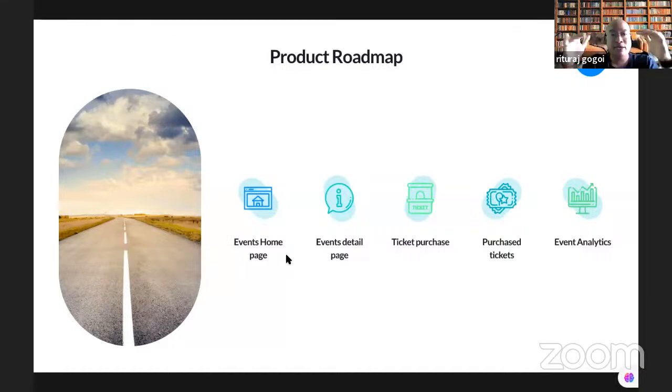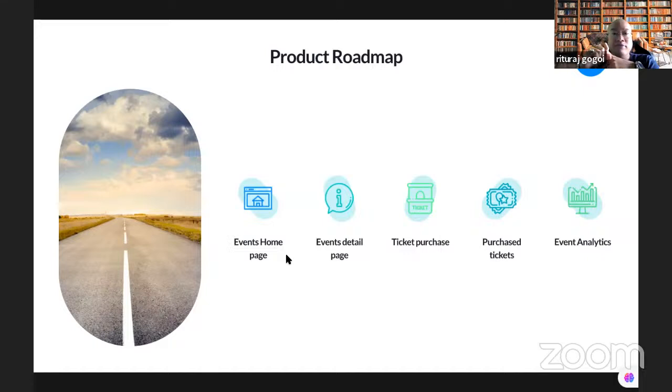So the roadmap that we built out of all this was that we will have an events homepage. Again, this will be only for Android and iOS to start with, because we wanted to launch it quickly. Like I said, we wanted to take advantage of the opening up of the economy at the time.